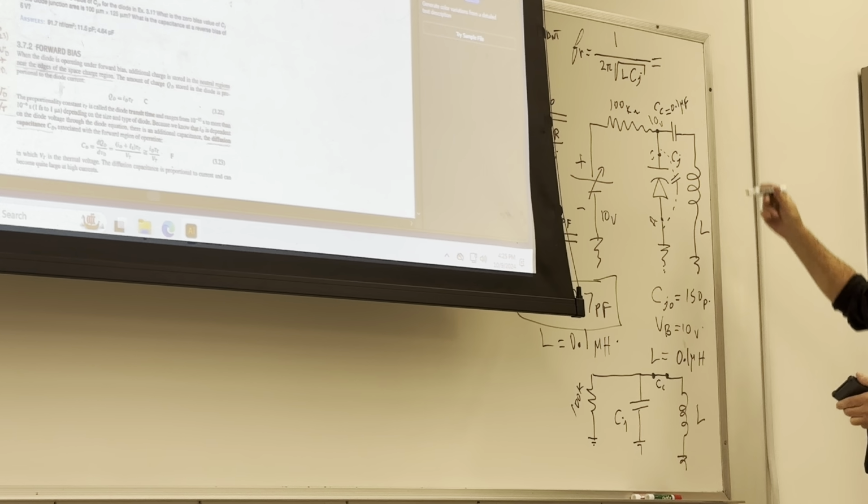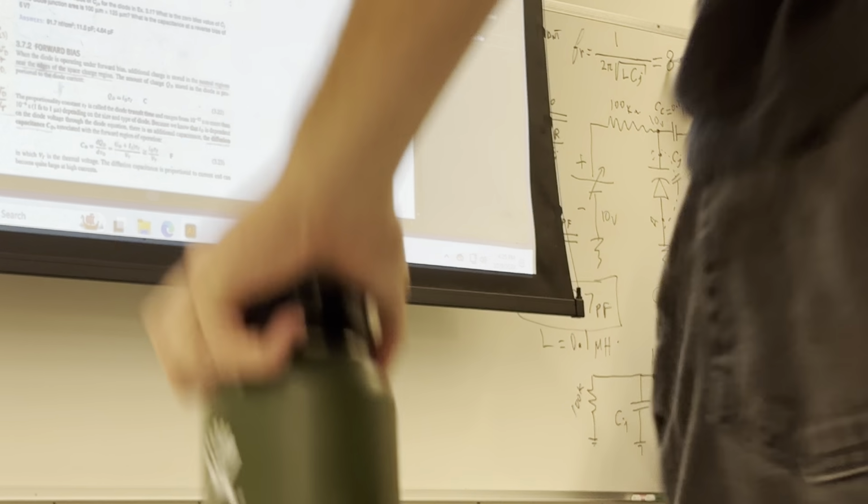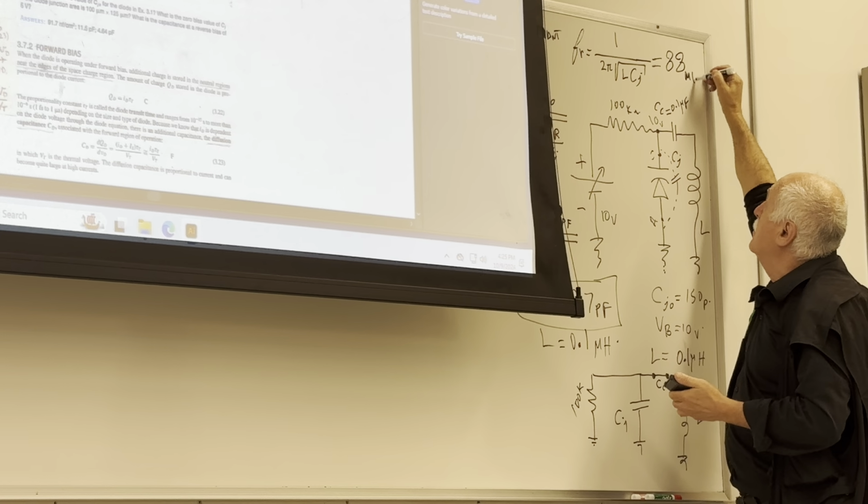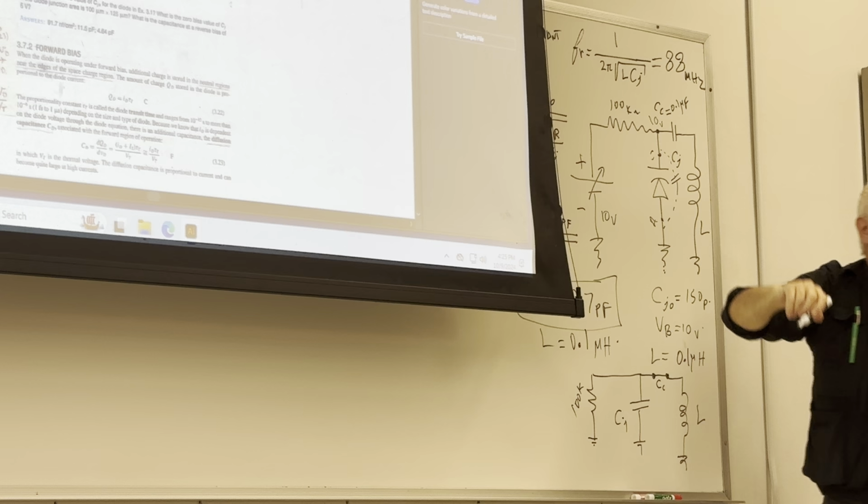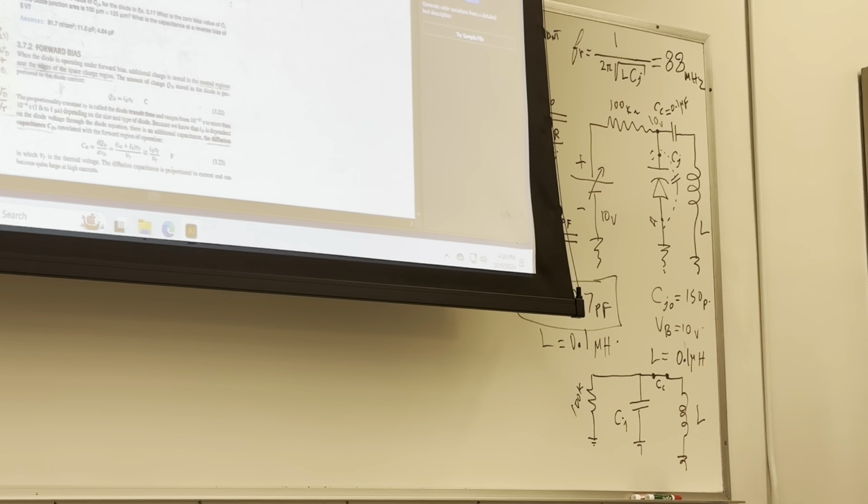That's interesting. This is the center point of an FM radio, 88 megahertz.